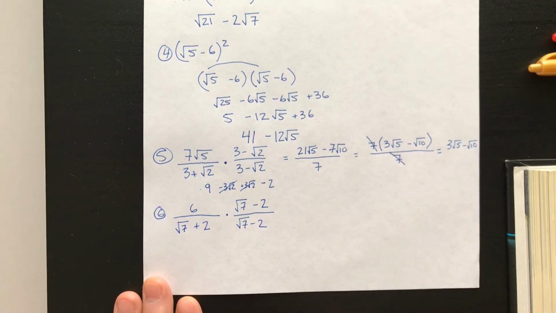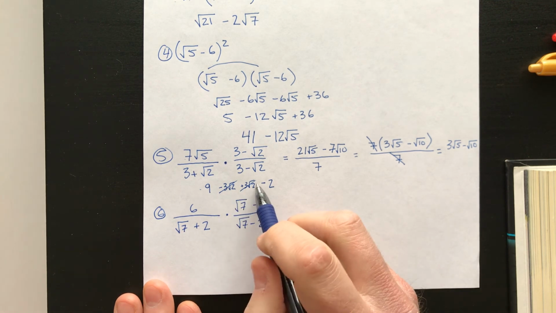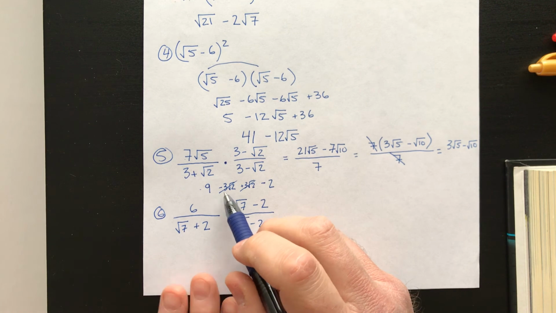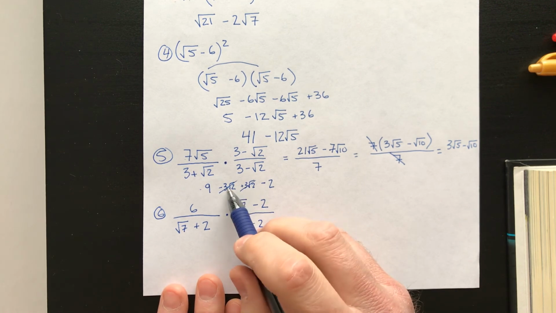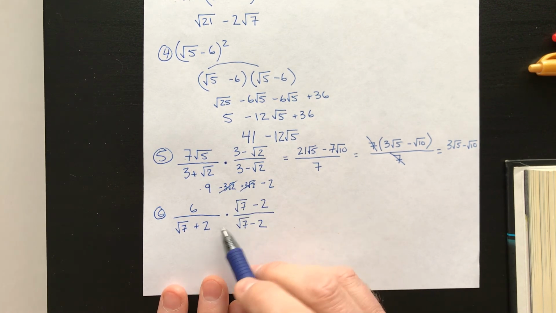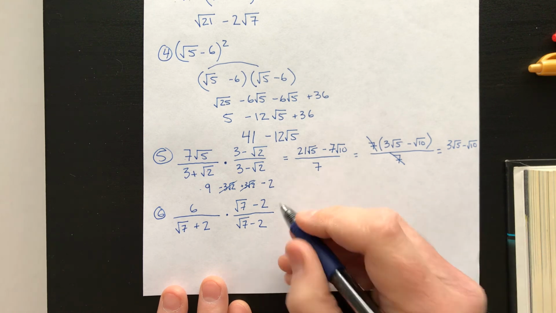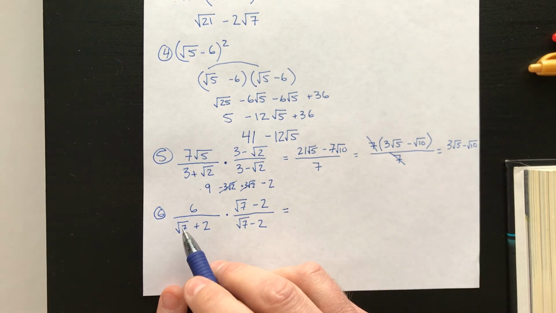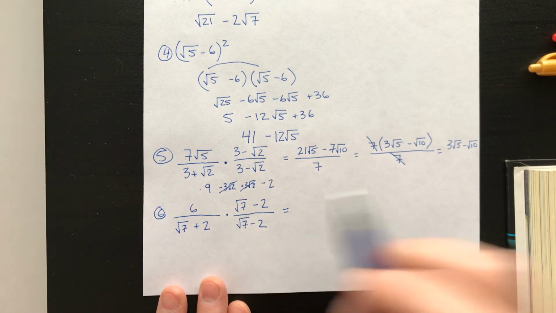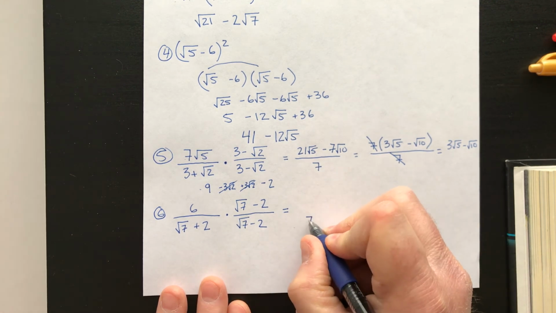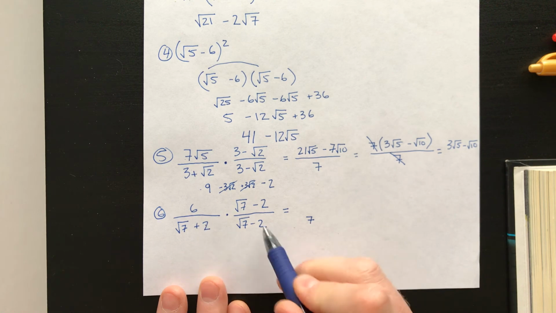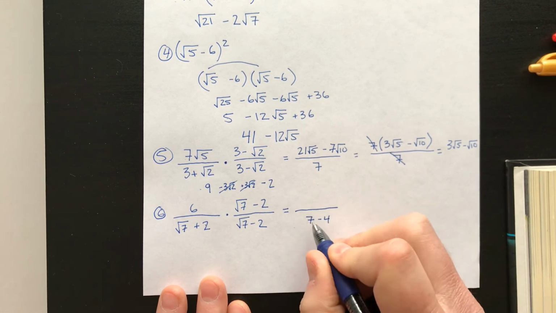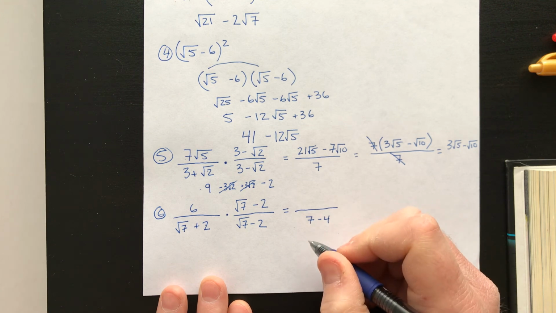I already showed you what happens to the middle two terms after you FOIL. They cancel. The same thing will happen here, so you don't even need to show it anymore. All you need to do is multiply square root of 7 times the square root of 7, which is just 7, and then 2 times 2 is 4. So we have 7 minus 4 in the denominator.